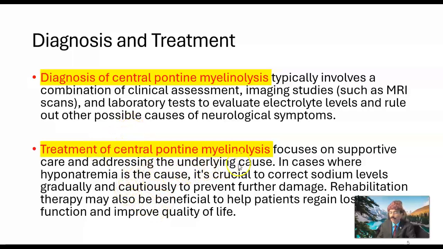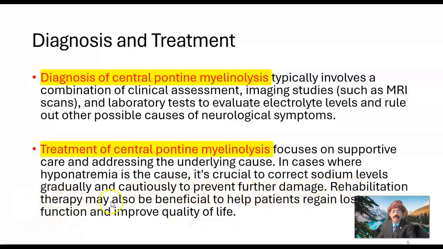Treatment of central pontine myelinolysis focuses on supportive care and addressing the underlying cause. In cases where hyponatremia is the cause, it is crucial to correct sodium level gradually, never rapidly, and cautiously to prevent further damage.